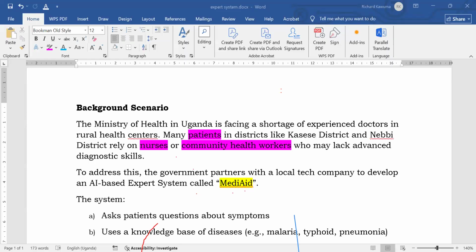And this patient can respond by saying yes or no, or even asking the system, what do you mean by fever? Maybe a patient doesn't know what fever means. Can you explain further what a fever is? That is the explanation facility which we talked about. Okay. Are we on the same pace?